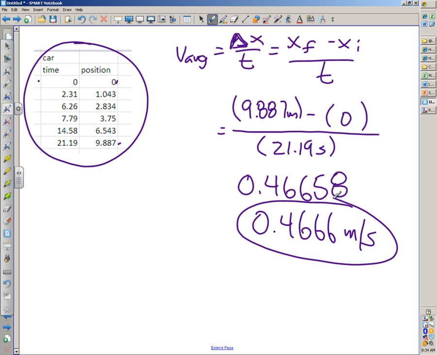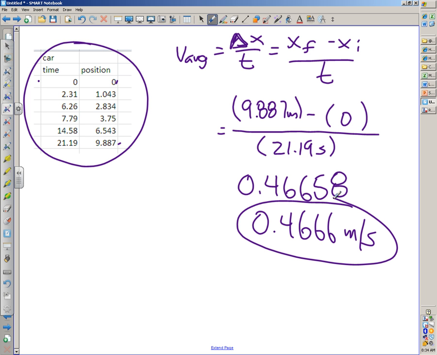But what is that telling us? Or what is that not telling us? If this is the average velocity, go ahead. It's not telling you the speed. It is telling you the speed, because we said velocity includes speed. Right, Jill?